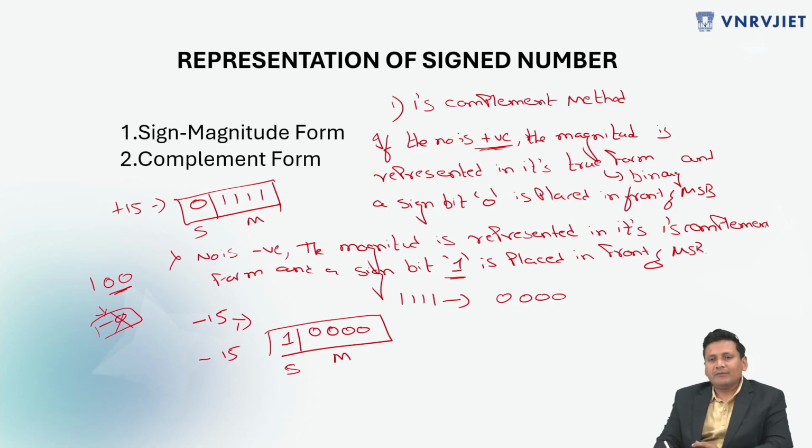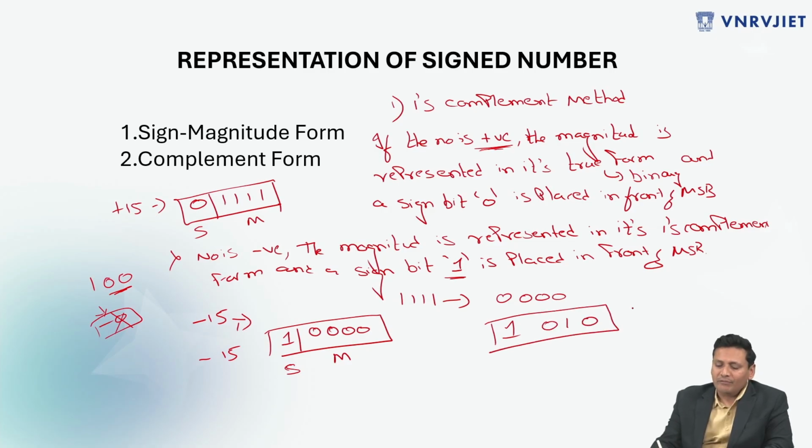Now for example, let us assume there is a number 1, 0, 1, 0, a signed number represented in the ones complement method.